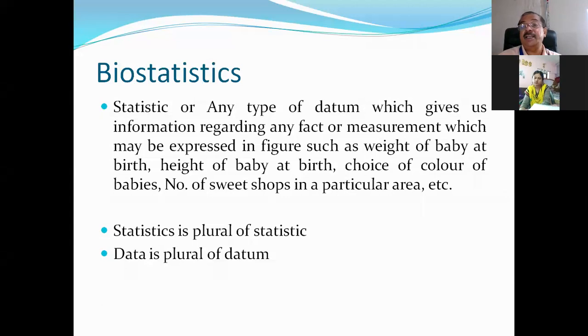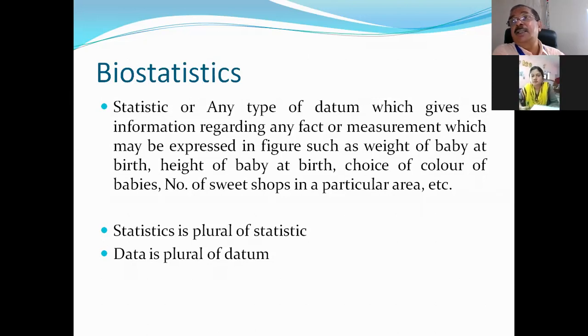Whenever birth takes place, it is usual to measure the weight of the child at the time of birth. Why? Because it gives us related data from which we can find the average weight of a baby at birth.